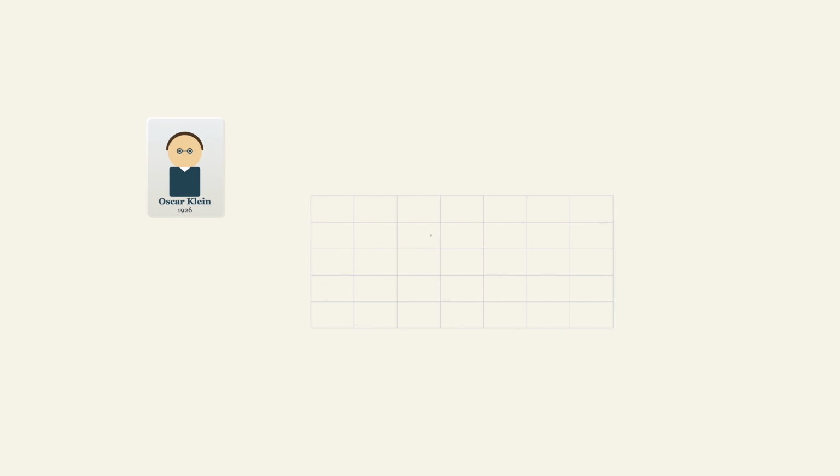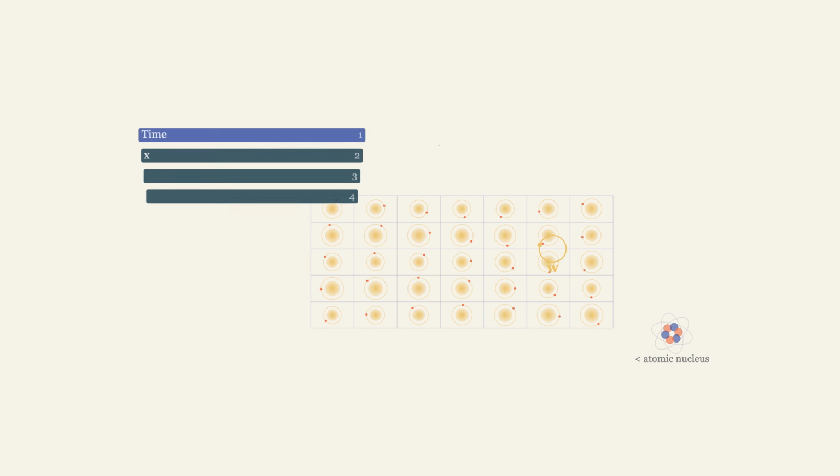Oscar Klein later suggested that this extra dimension is curled up, compactified into a tiny circle so small we can't detect it. At every point in space, there's a hidden loop, smaller than an atomic nucleus, pointing in the W direction. String theory takes this further.